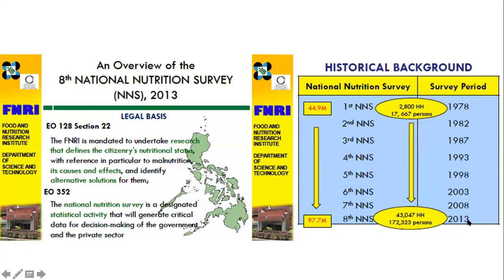I think this is supposed to be every 5 years, but they're already delayed by a couple of years. The last one was in 2013, and before that 2008, and then 2003. So it gives us a snapshot of the nutrition status of the Filipino population in 2013. And since this is a longitudinal survey, you can compare the snapshots of the population throughout the years.